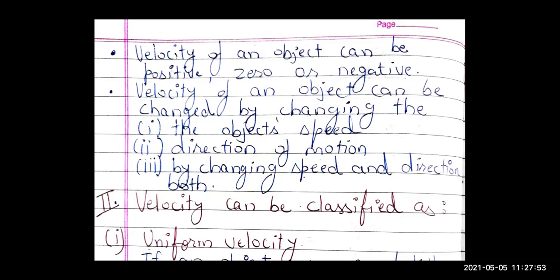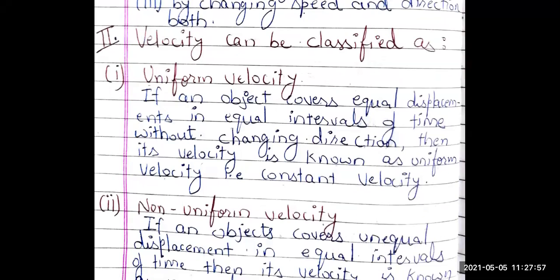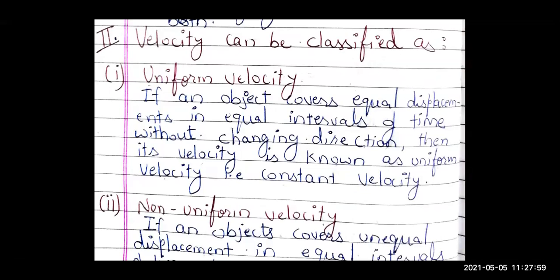Okay, now let's proceed towards the first classification of velocity, and that is uniform velocity. Now we are very much familiar with the word uniform. Now velocity is displacement upon time.